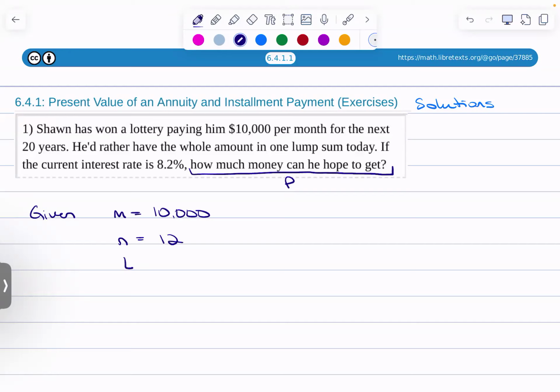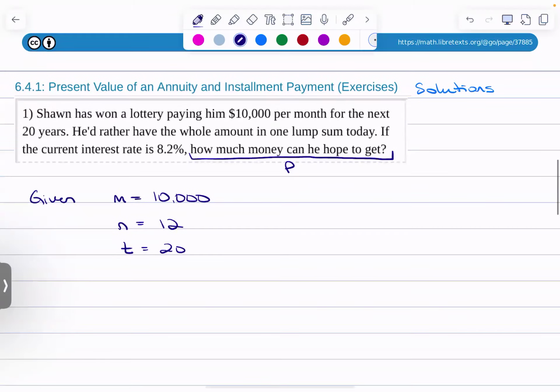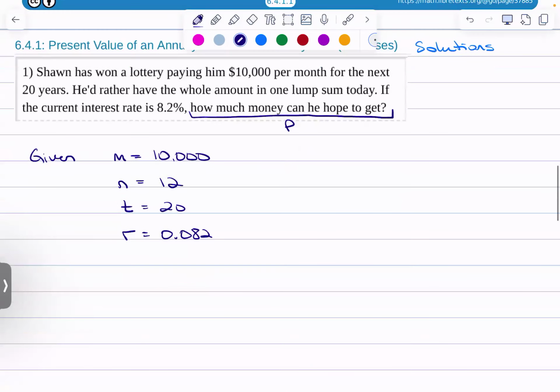And for the next 20 years, so T is 20. You'd rather have the whole amount in one lump sum today. The current interest rate, so R is 0.082. How much money can you hope to get? Okay, we've got our setup.